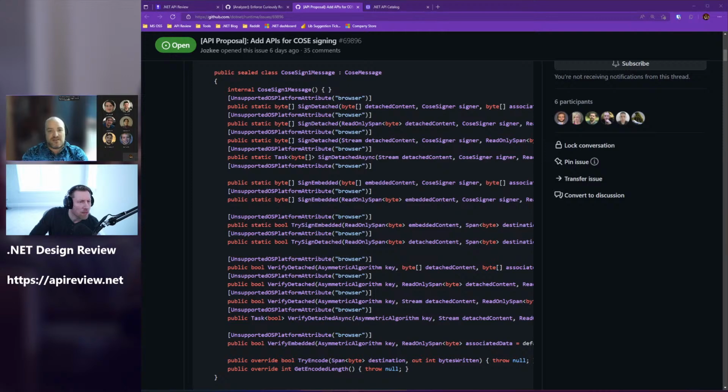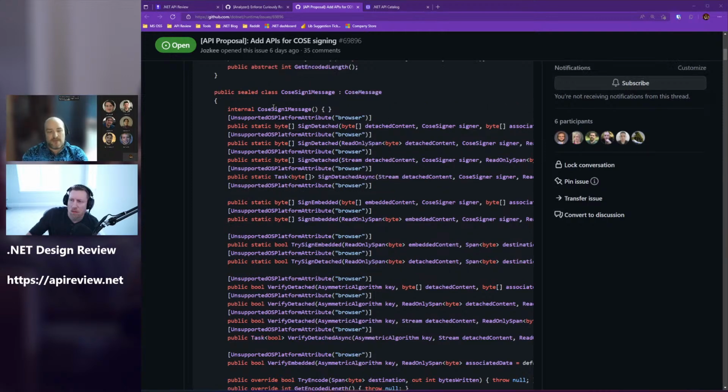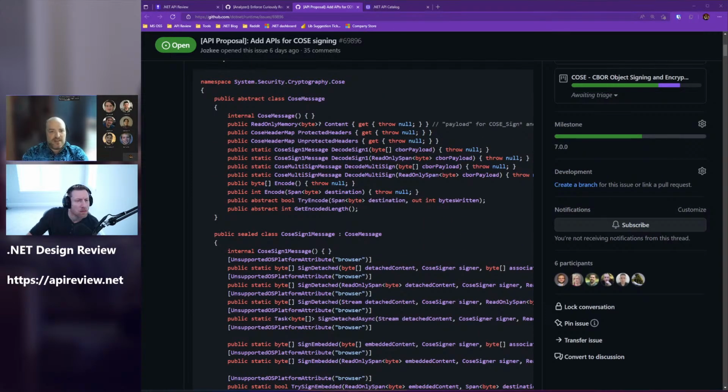Speaking of nullable, is anything null on COSE message? He did show the one there, which is why I'm a little confused. Oh, I see, the content property is nullable. Everything else is not. Because it's a nullable of T, a struct, a value type. But all the other ones, all the reference types here, are correct.